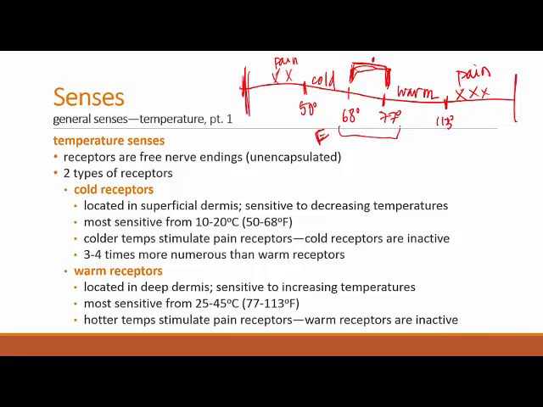And think about this: this is where room temperature is. In our skin, we are most comfortable when there is no information coming from either the warm or the cold receptors. On the other hand, think about the things that we like to drink.